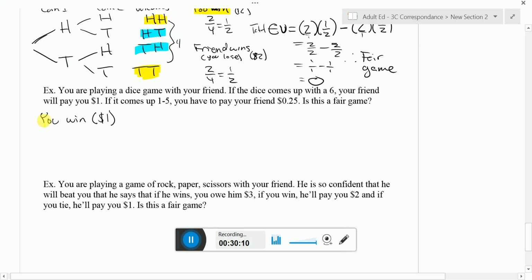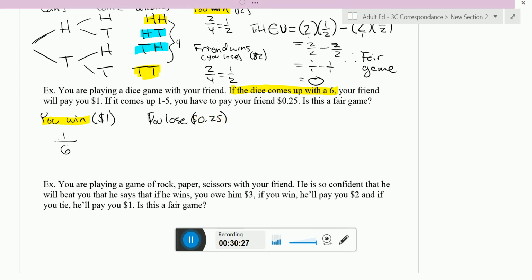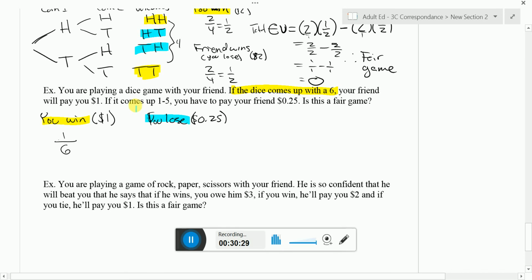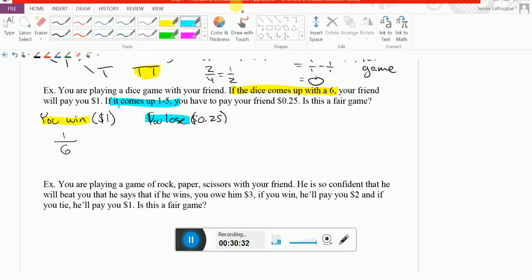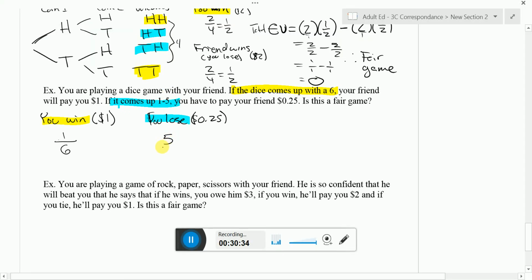You win if the dice comes up with a 6. There are 6 numbers on the dice, so you win 1 out of 6 times. You lose, and every time you lose, you're going to lose $0.25 or 25 cents. You lose if it comes up 1 to 5. So those are 5 numbers out of the 6.